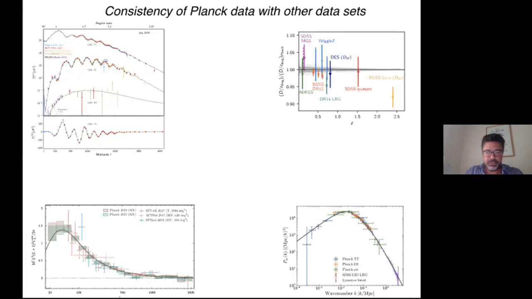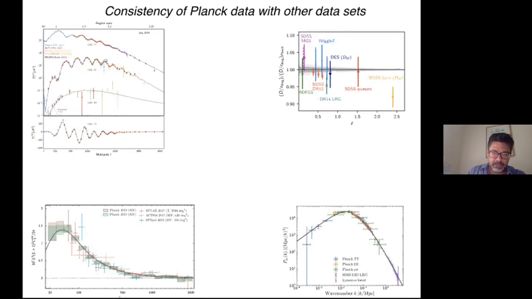Planck is also consistent with galaxy surveys at redshift 1, more or less. Both the baryonic acoustic oscillation distance scale and the matter power spectrum agree with the corresponding Planck inferences for these quantities.